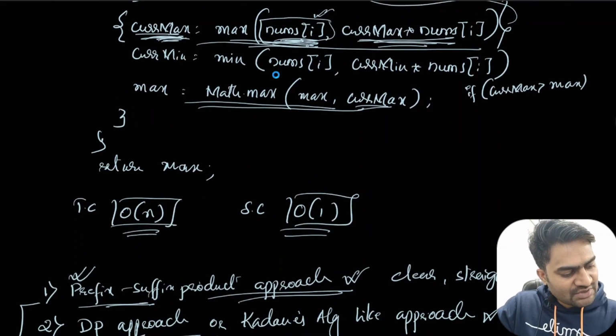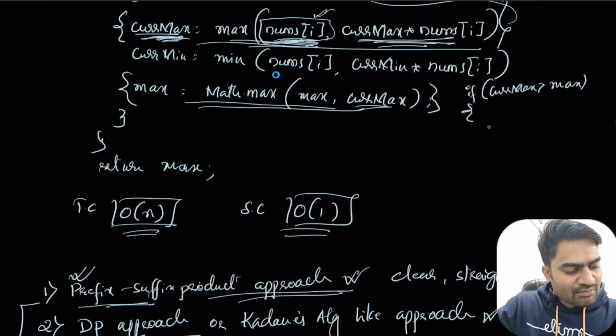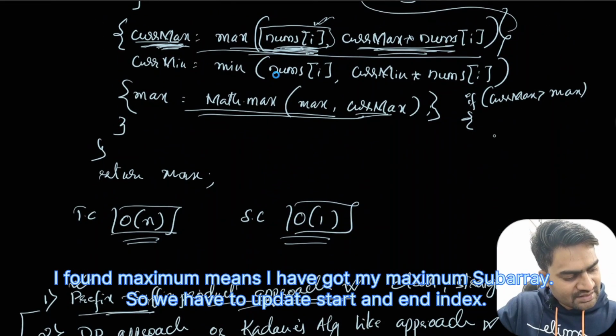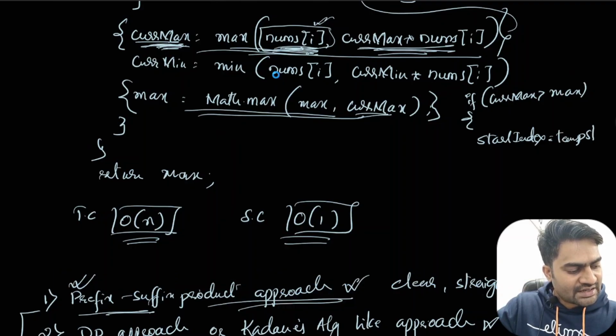Then, instead of this particular line, I will set my actual start index equal to my temporary start index, then my end equal to the current index i, and I will also update my max equal to my current max.